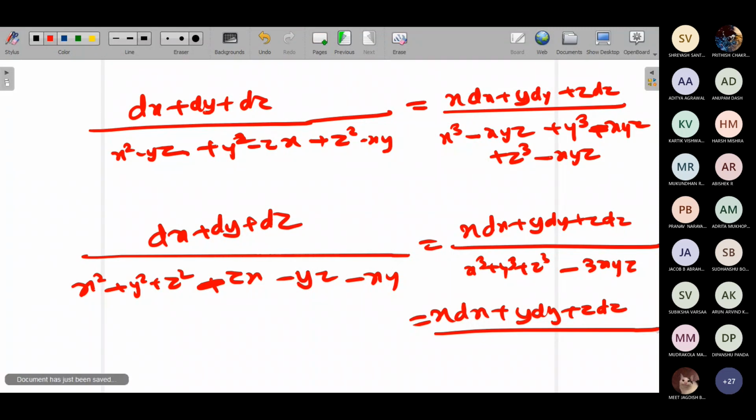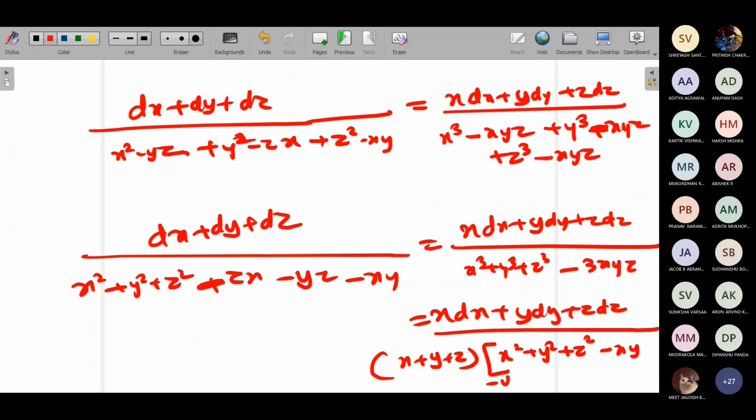If I take x plus y plus z from this term, I can write this as x square plus y square plus z square minus xy minus yz minus zx. Multiply this and see whether you're getting the same term.